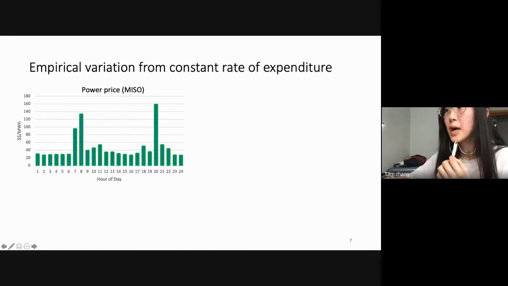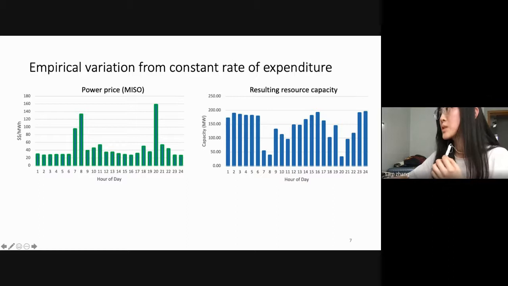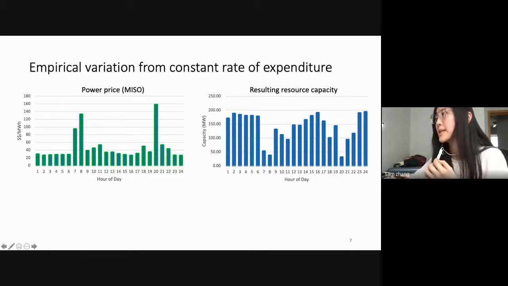These are the power prices of a day. We can see that there are some low or stable prices, and there are a few price spikes. And this would be the resulting resource capacity that we generated by purchasing power at the prices shown here in a 200 megawatt data center.